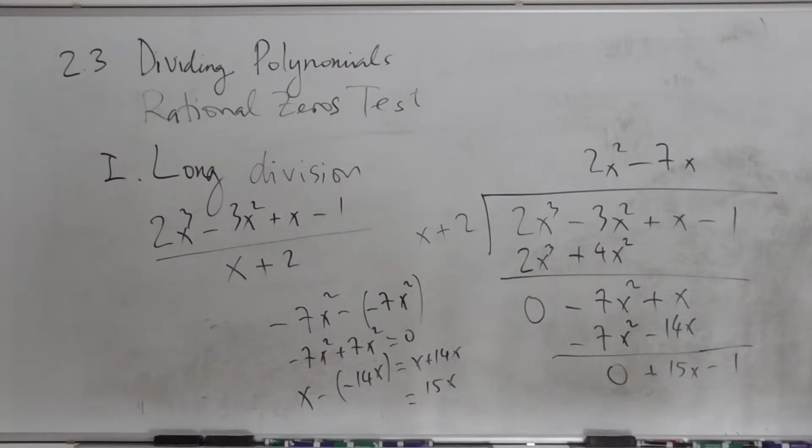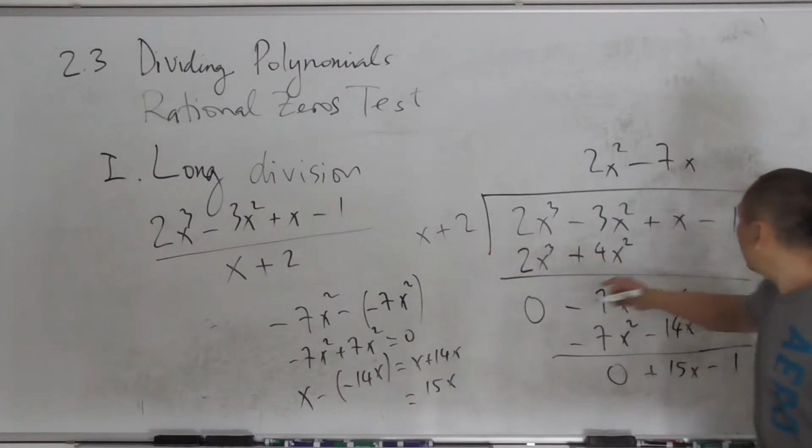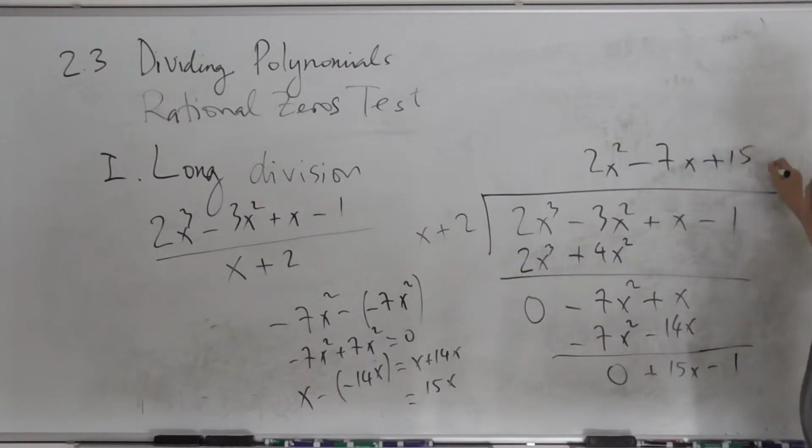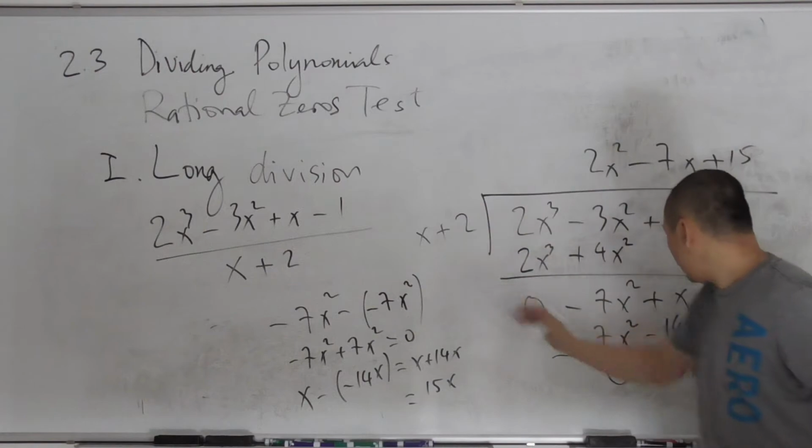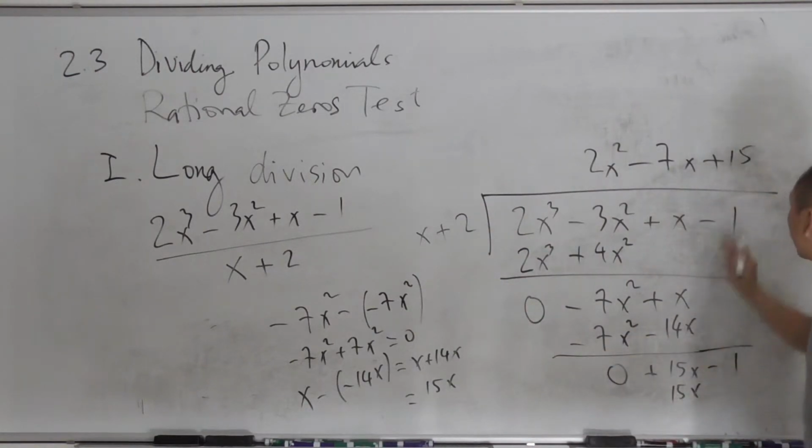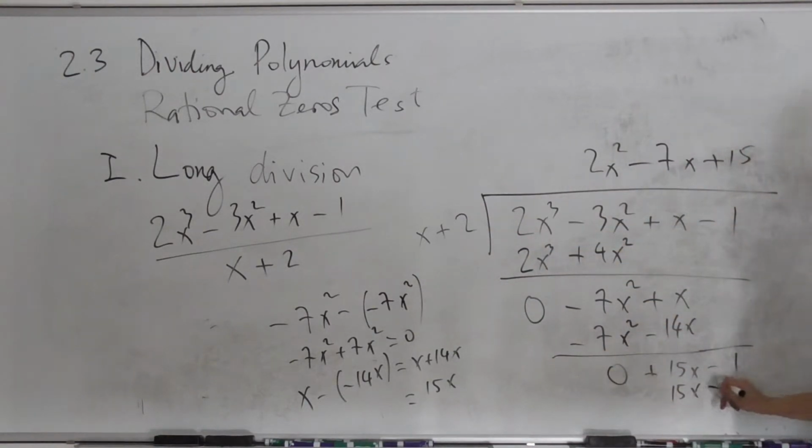Then drop the negative 1 down. Do the same thing. 15x divided by x is positive 15. Multiply it back. 15 times x is 15x. 15 times 2 is positive 30. Subtraction, 15x minus 15x is 0. Negative 1 minus 30 is negative 31.